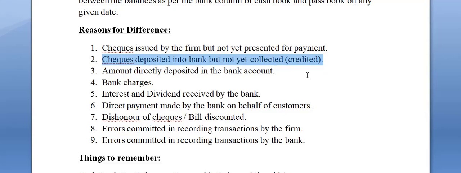So it may take some time, and this duration will be longer if the banks are not of the same branch, or if they are not the home branch or home bank, you can say.